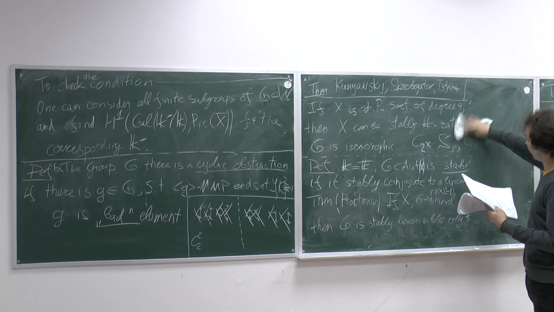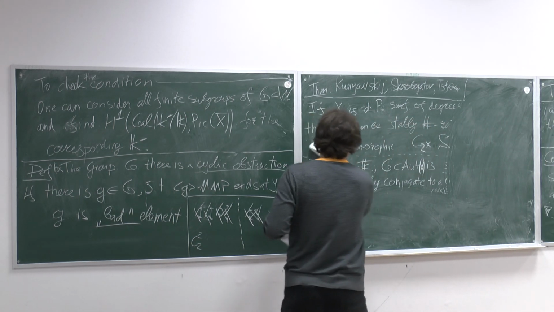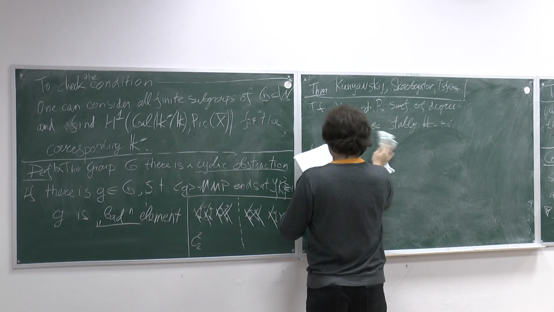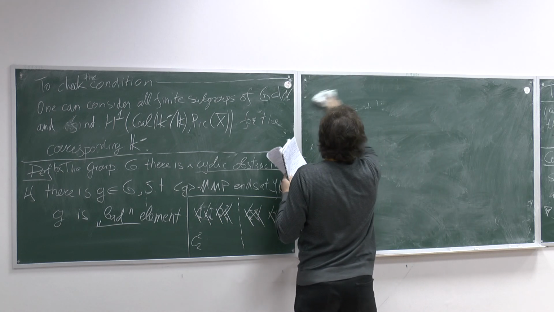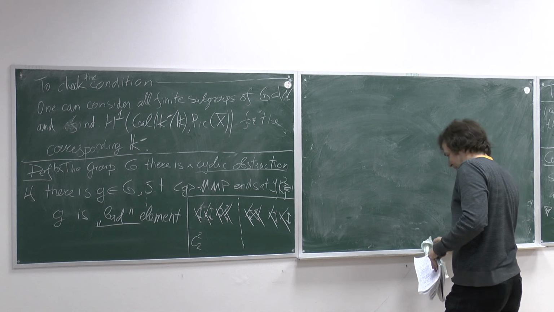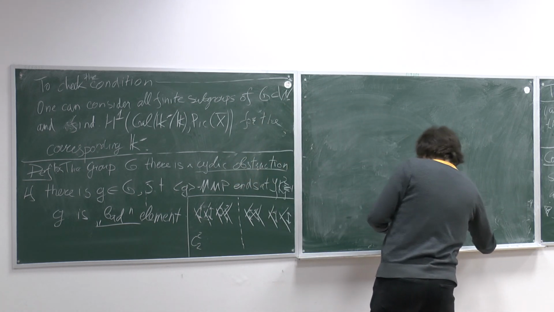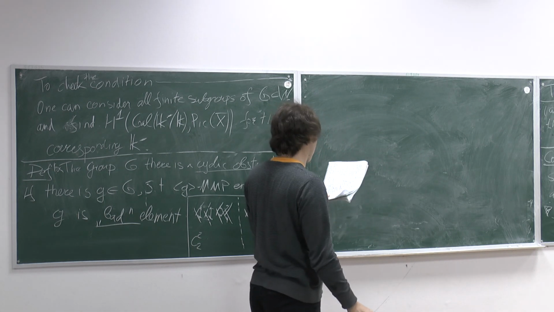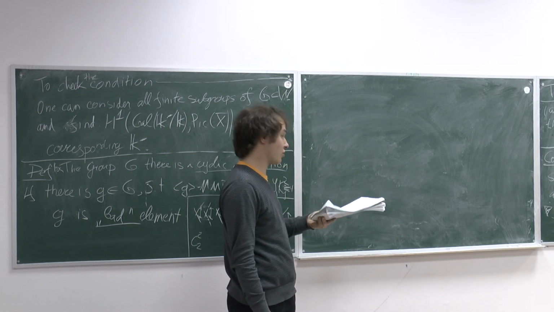Now let's start the proof. What is our method? What do we have? We want to find possibilities of G such that there are no cyclic obstructions.